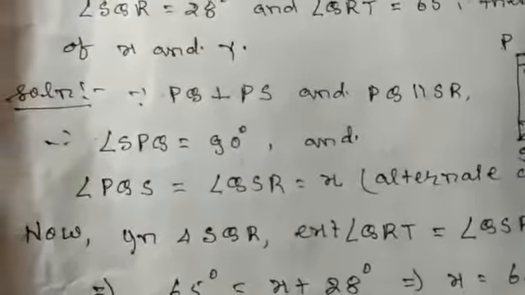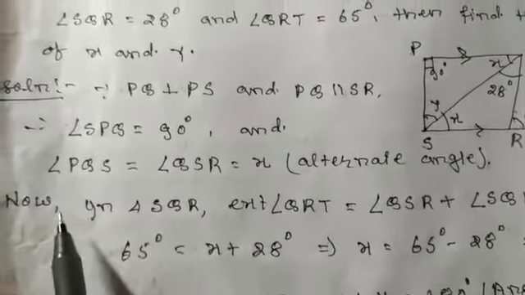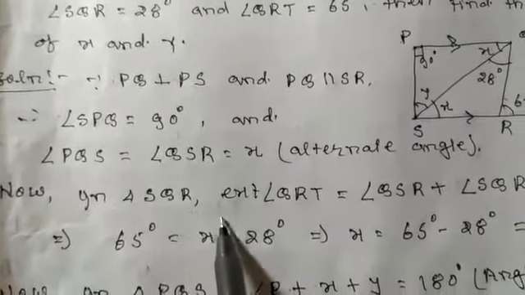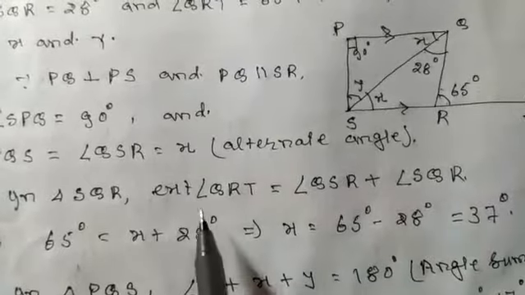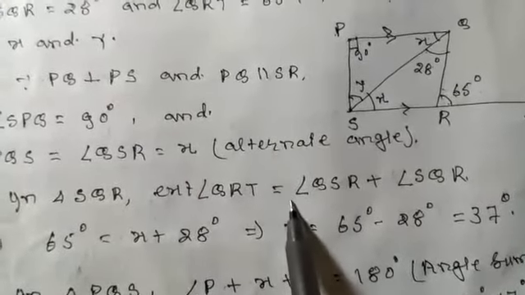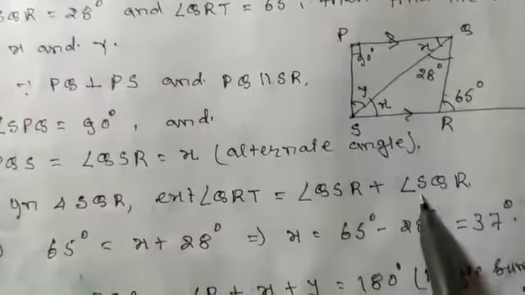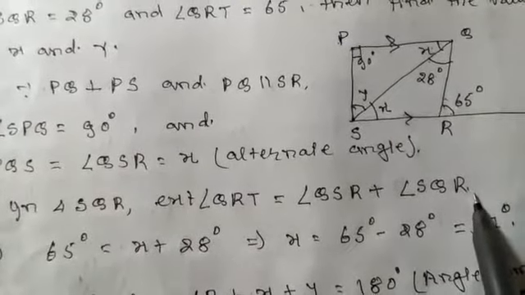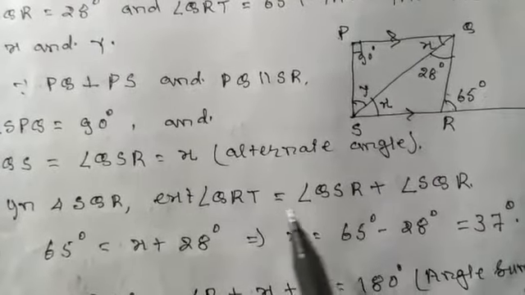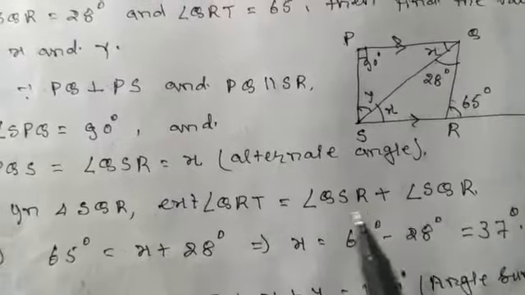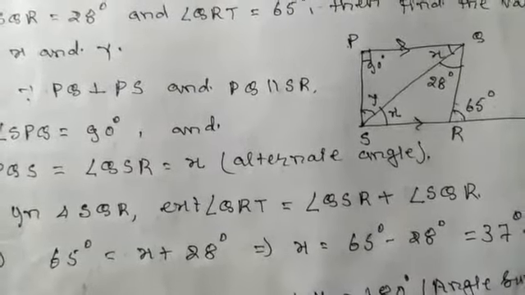So applying now in triangle SQR, the exterior angle QRT is equal to angle QSR plus angle SQR, because we have proved this property in the previous class that the exterior angle of a triangle is equal to the sum of two opposite interior angles.